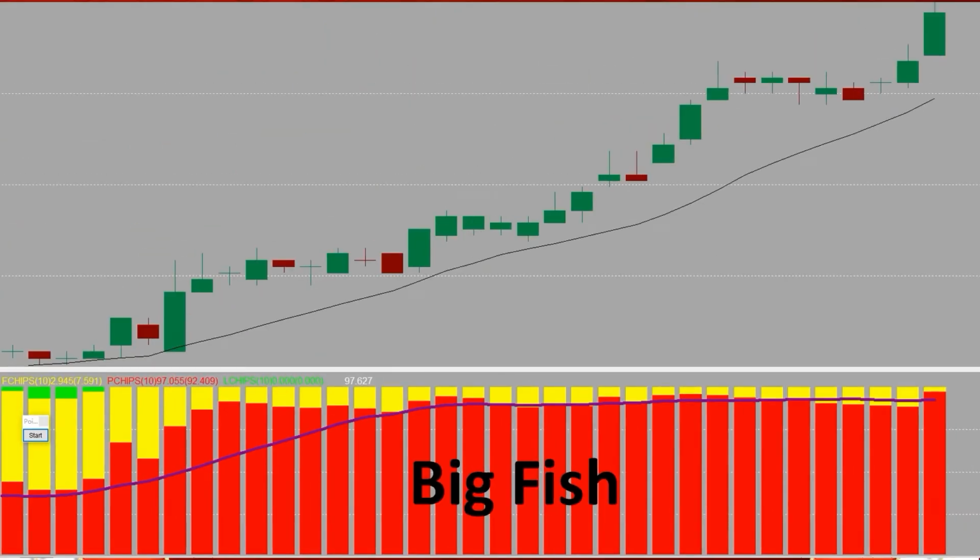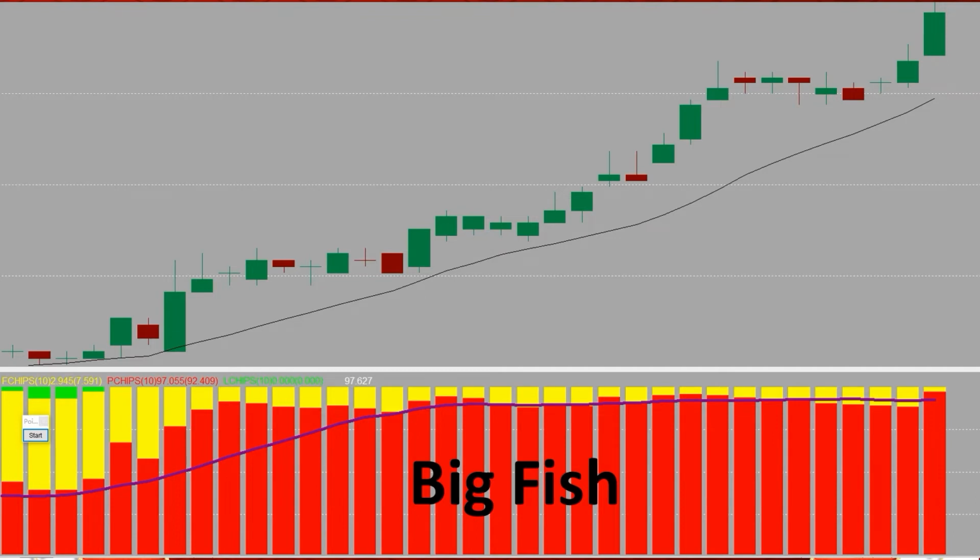The big money continues to flow in, and then they can control the stock. If the big fish is always here, the price will always rise, no matter how much profit they have already made. The price continues to rise. So if big fish are here, the price will continue.